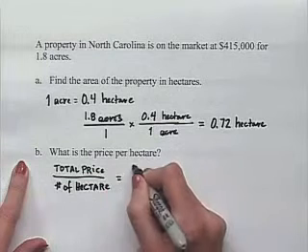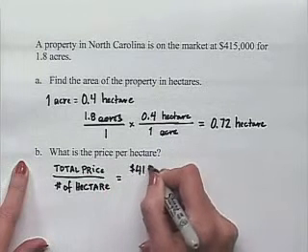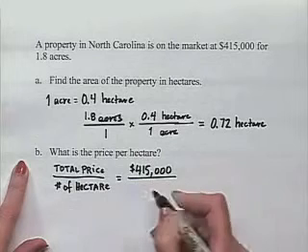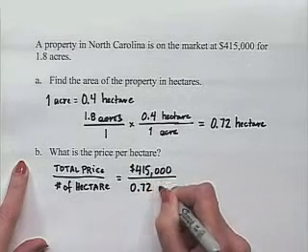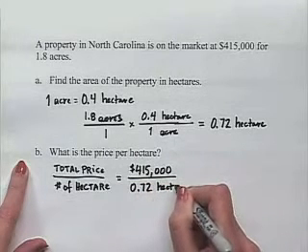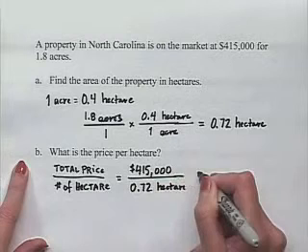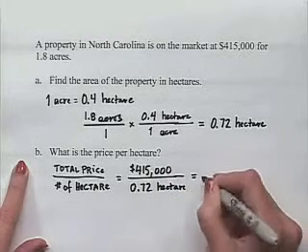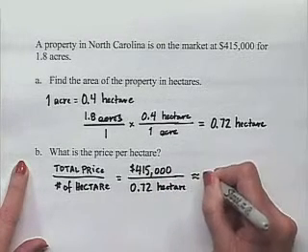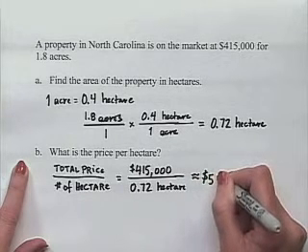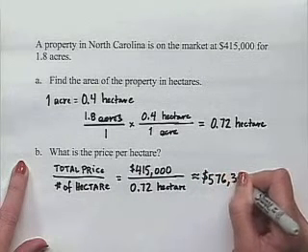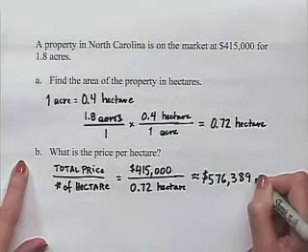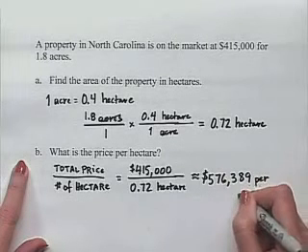Our total price was $415,000. The number of hectares was 72 hundredths. And so we take 415,000, divide by 72 hundredths, and we come up with an approximate value of 576,389, and we would interpret that as being, of course, per hectare.